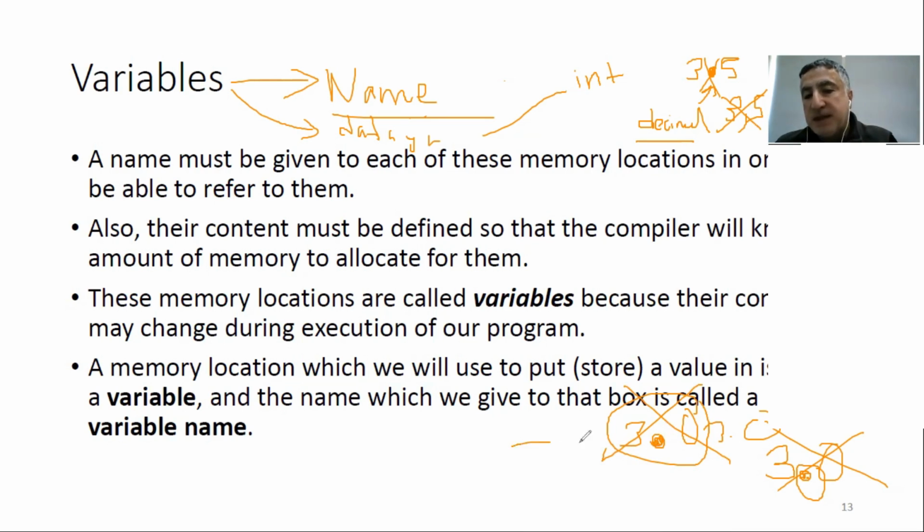Please pay attention, it is really, really important. So what is an integer in computer programming? Any number without a decimal point. Then we have float or double, whatever.